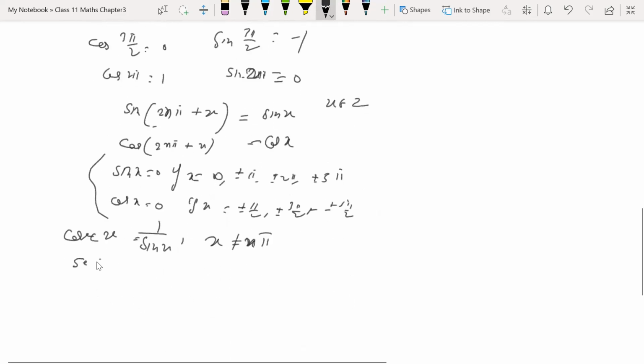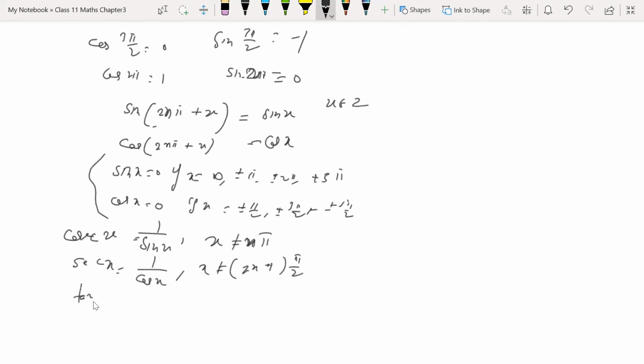And secant x, similarly: x is not equal to (2n plus 1) pi by 2, where n is any integer. 1 by cos x means, if x is an odd multiple of pi by 2, then cos would be 0, and this is not defined.